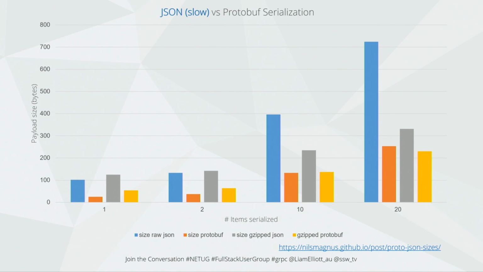It's significantly more efficient as a payload because we're talking a binary serialization versus a JSON serialization. What's more interesting on this slide, I find, is the last two columns compared to the first two. So the last two columns are the same payloads, but being gzipped. So what's really interesting is actually comparing the orange and the gray line. So the orange line is the raw protobuf file, and the gray line is the zipped JSON.